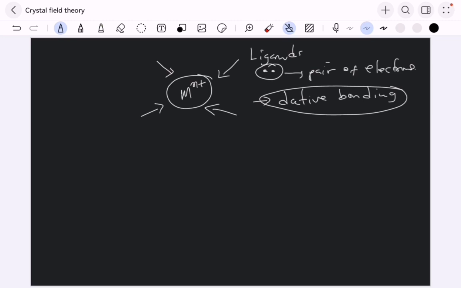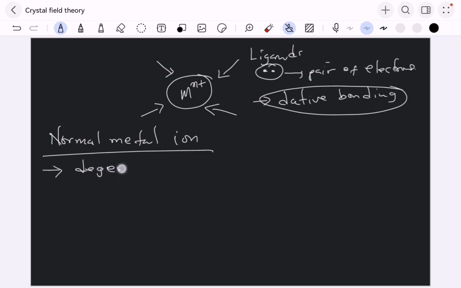Now, when we're looking at what is referred to as a normal metal ion, a normal metal ion contains what we call degenerate orbitals.